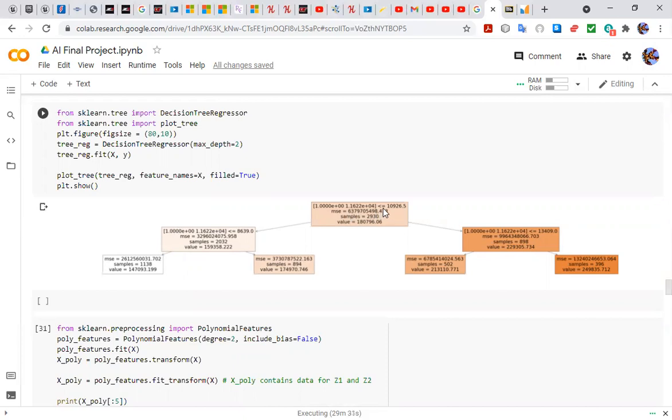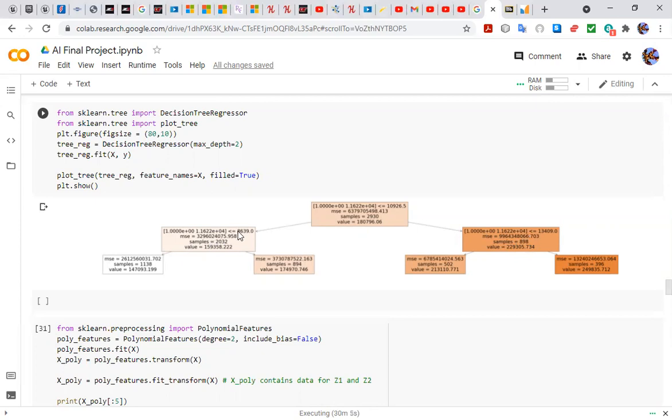If the lot area is less than 10,926.5 square feet and that is true, it will move over here. If it's false, the decision tree will go over here. This is where it analyzes the data and packs it into different categories. On the true side, it moves over here if it's less than that square footage.